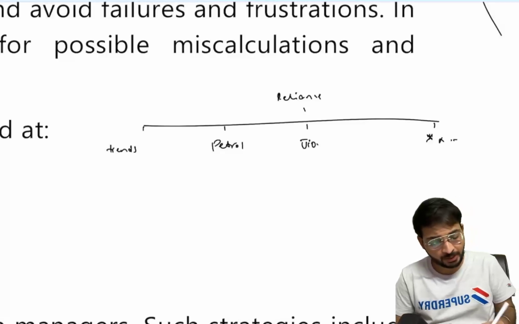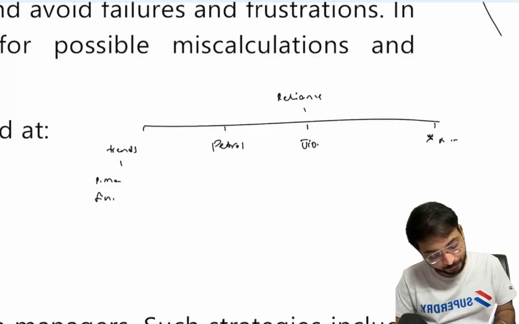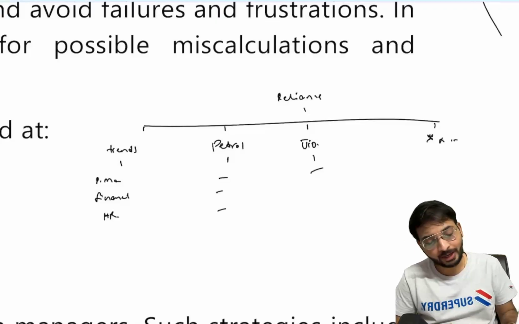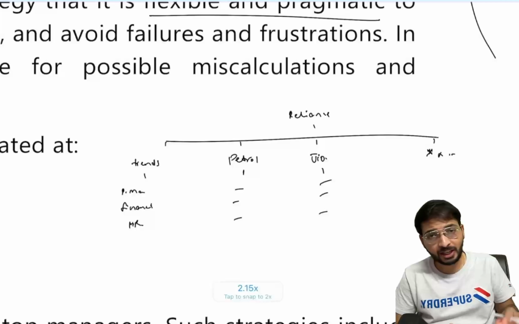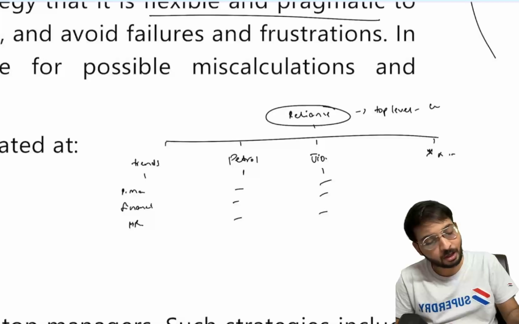Now, if you see, Trends has someone called a purchase manager, finance, HR, like that. Petrol also has the purchase manager, finance, HR. The same way, Jio also has the same thing, right? The entire Reliance will be called the top level, which is also called the corporate level.